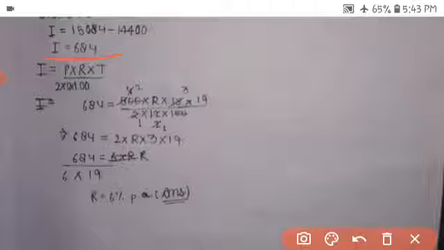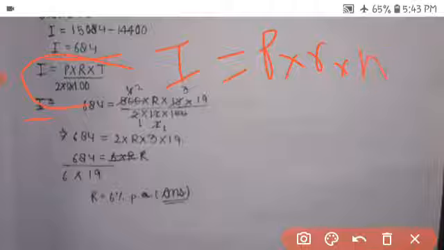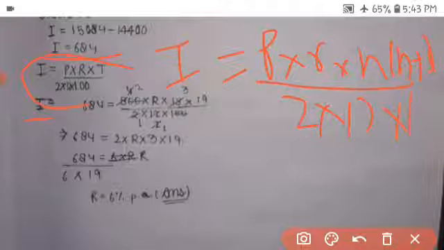Now apply the formula I is equal to P into R into T upon 100, where T is equal to, using the formula I is equal to P into R into (n plus 1) upon (2 into 12 into 100).